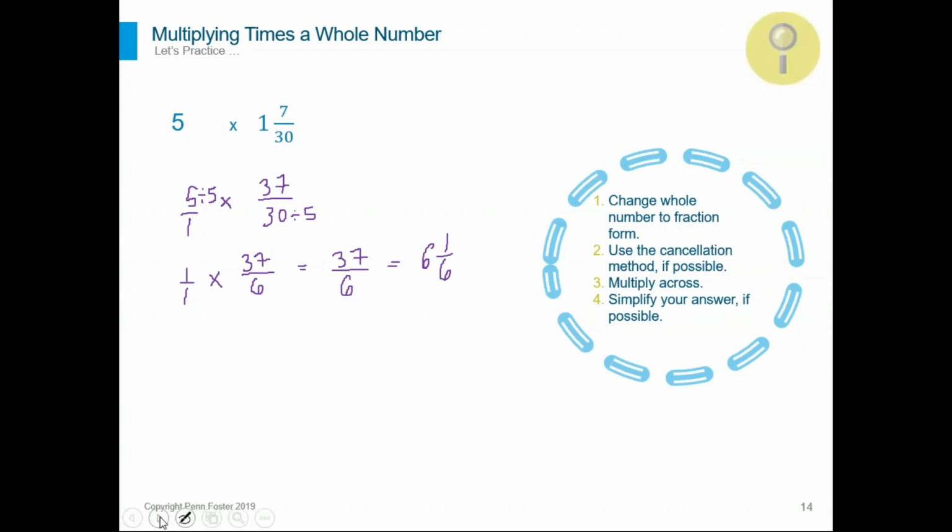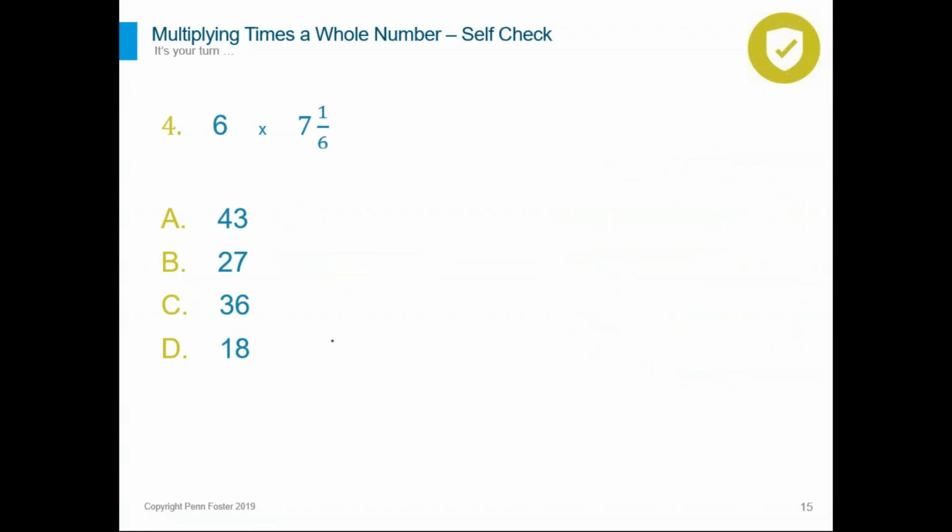Let's look at a practice and see how you would multiply 6 times 7 and 1/6, a whole number times a mixed number. It's always good to change the 6 to a fraction form, which is easy.